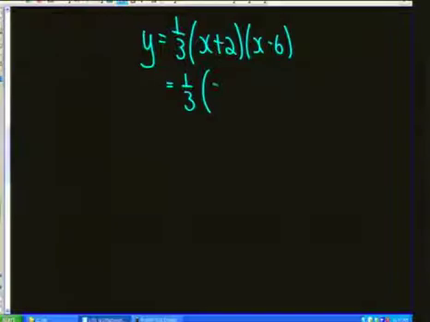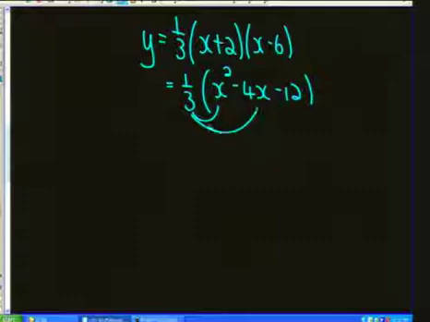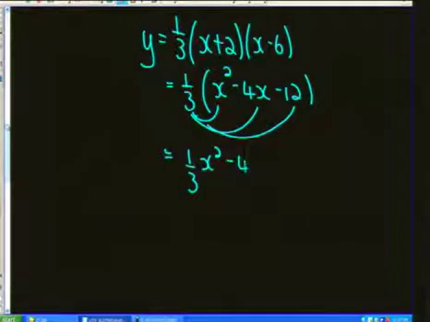So we're going to get x squared, then -6 plus 2, so it's -4x, minus 12. And now I'm going to times the third in, because it's much easier to work with at this stage. So it's 1/3 x squared minus 4/3 x minus 4.